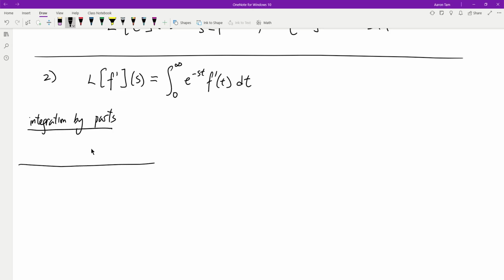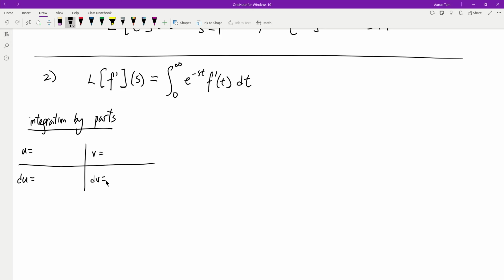In this case, we have u, du, v, dv. So how are we going to set up our integration by parts? Well, pretty simple. In this case, we don't know what f is, so we also don't know what f prime is.